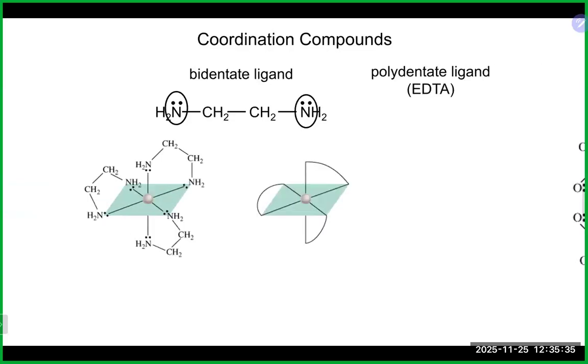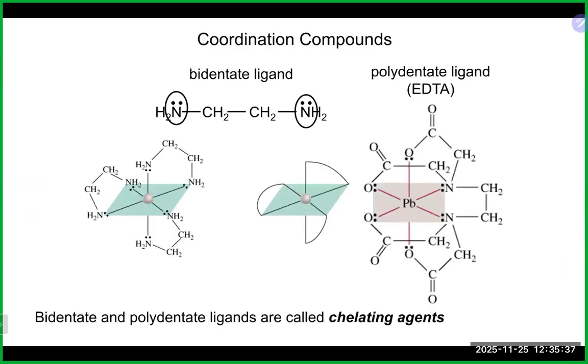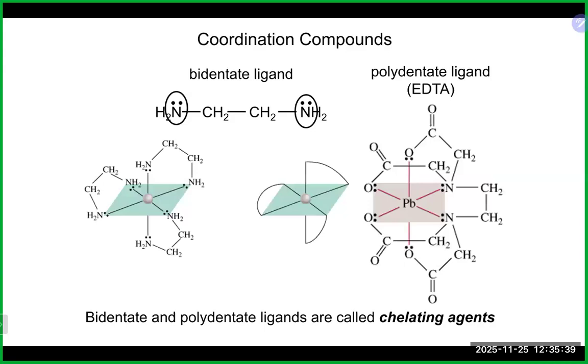Here again is the picture of ethylenediamine. Here's the picture of EDTA. As I mentioned before, one molecule of EDTA, which is everything on the outside here, has 1, 2, 3, 4, 5, and 6 different places where that one molecule will surround the metal.